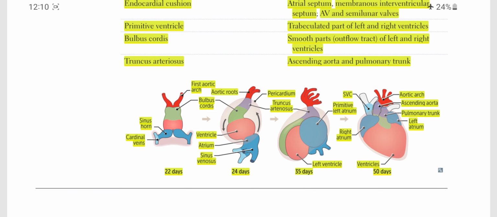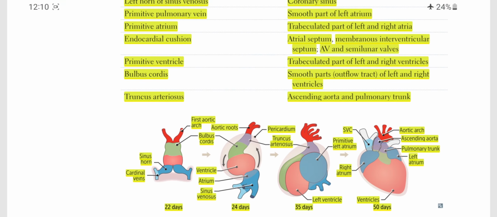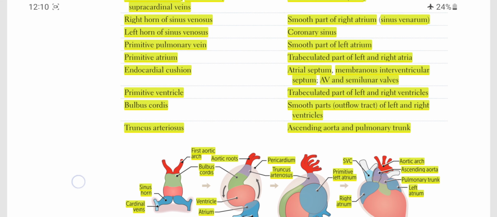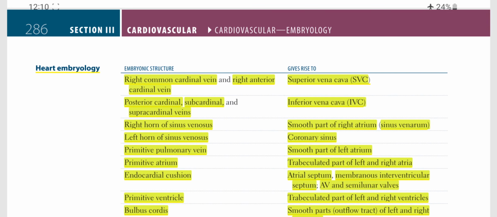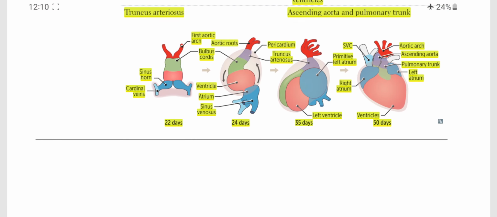So first we have the cardinal veins. We have the right common cardinal vein and anterior cardinal vein, which lead to the superior vena cava, right? We talked about this. Then we have the posterior cardinal vein and subcardinal and supracardinal veins, which lead to the inferior vena cava.